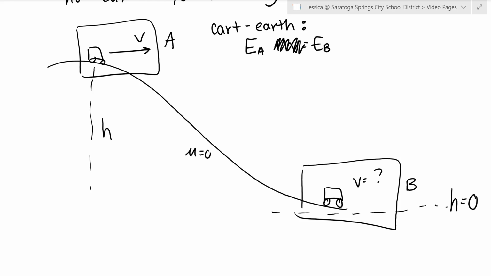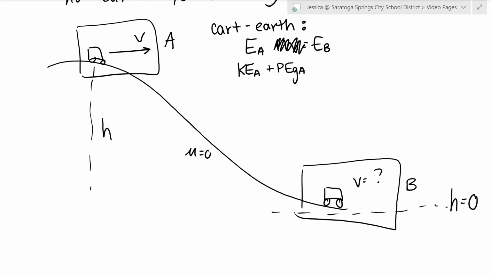Now I have to think about what energy or energies I have at A, and what I have at B. At A, I am moving, so I definitely have a kinetic energy. And I'm at a height, so I also definitely have a gravitational potential energy. There's no spring in this problem, so I shouldn't include spring potential energy.